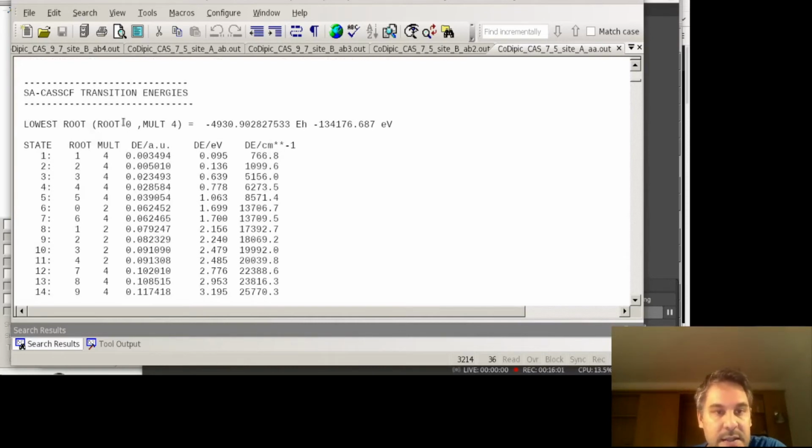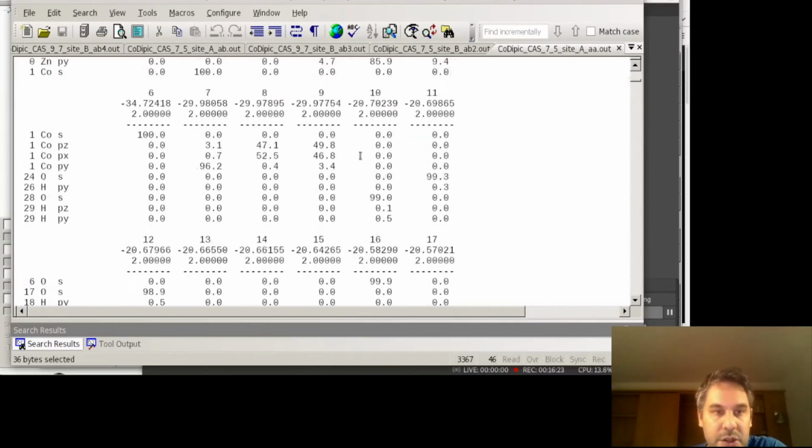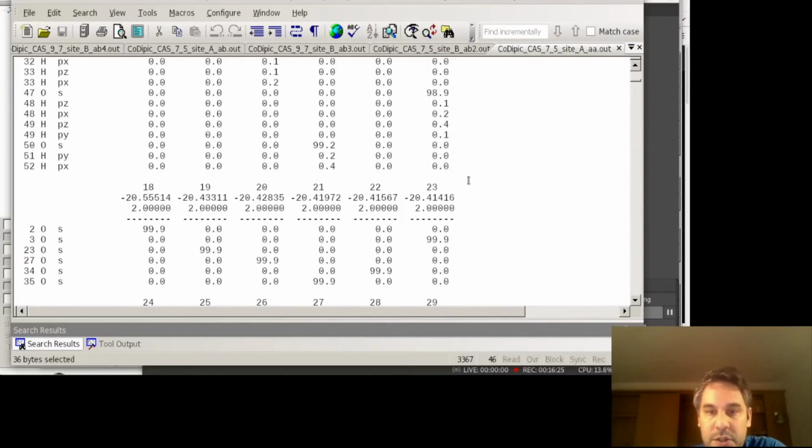It tells us the ground state is the first root, the 0 root of the multiplicity 4, and then these are the excited states, and we have a set of high spin transitions, and then we have the first low spin root at around 13,000 wave numbers. We have more information, loading orbital compositions, etc.